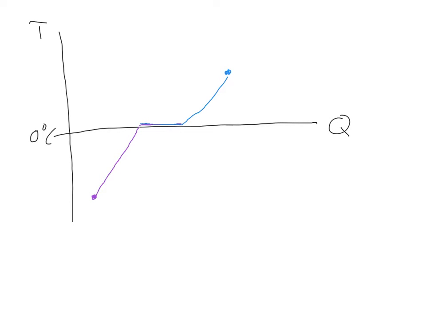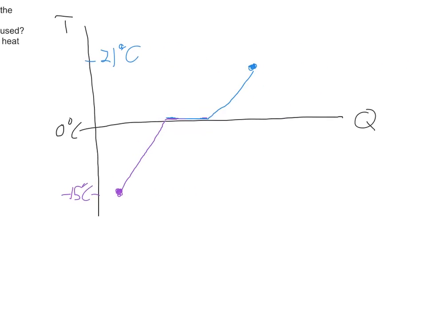So what we have is a situation where our ice, which I'm representing with the color purple here, starts down here at -15 degrees C. And we have water that starts up here at a point of, I think it was 21 degrees C maybe. Anyway, we can double check. Yep, 21 degrees C, okay?